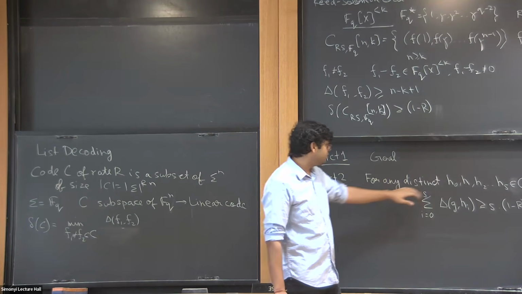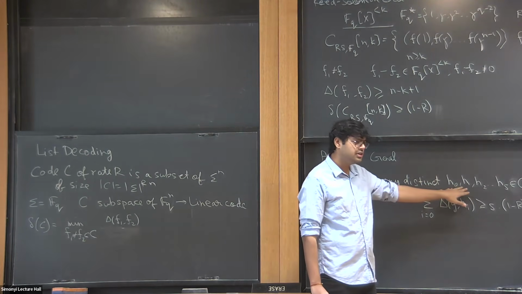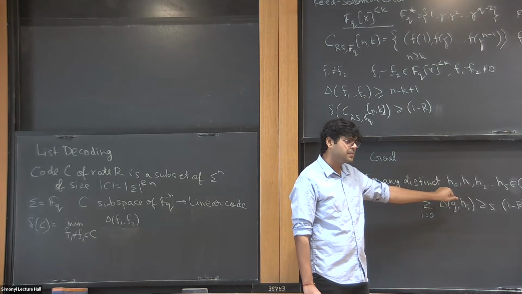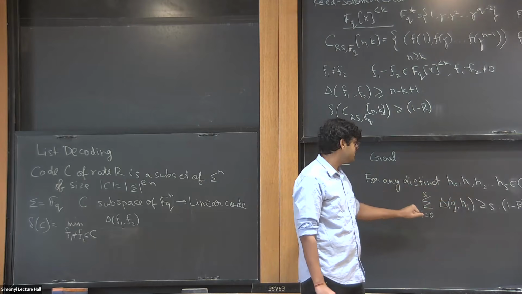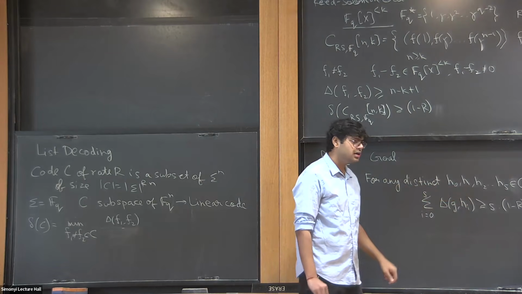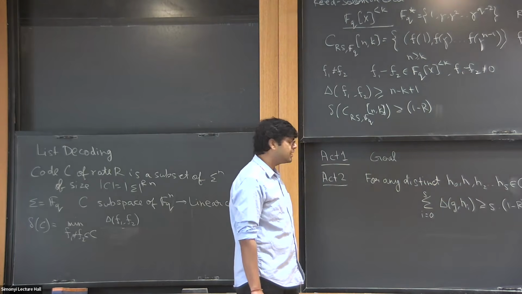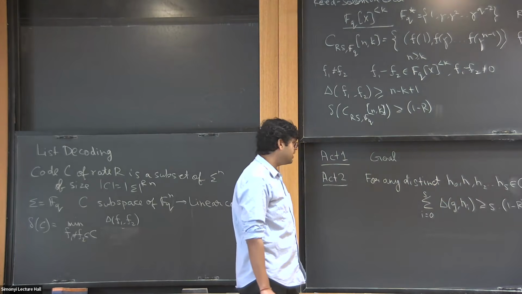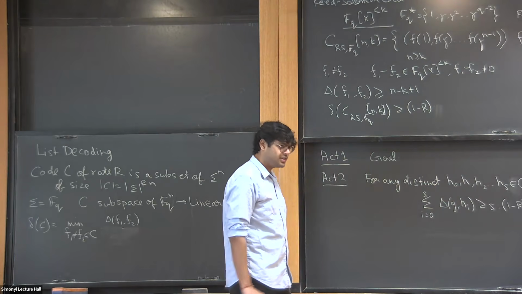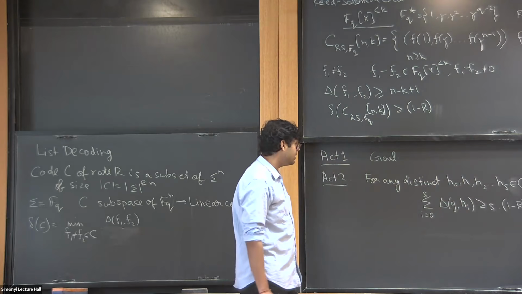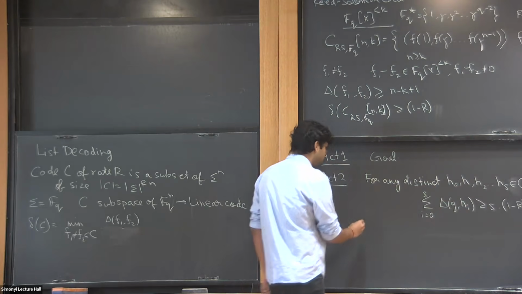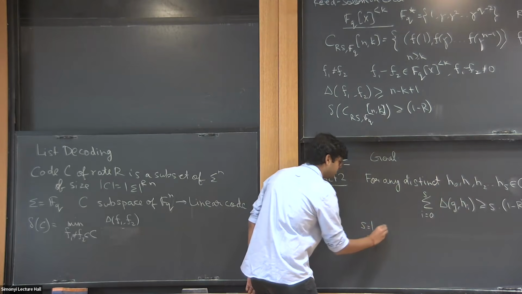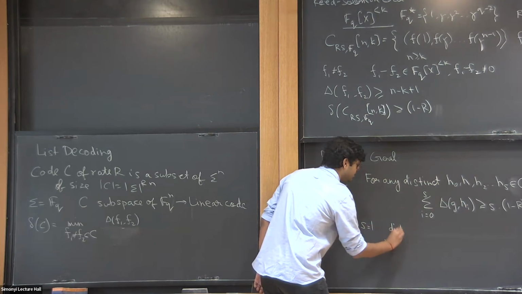Because if you just take H0 and H1, that's going to correspond to distance. Yeah, so the distance is 1 minus R. So S equals 1 was the usual distance.